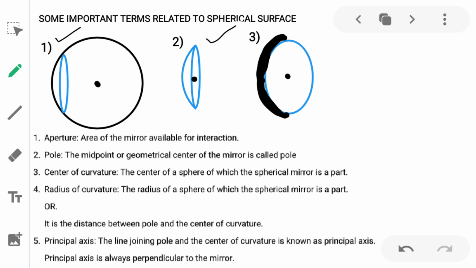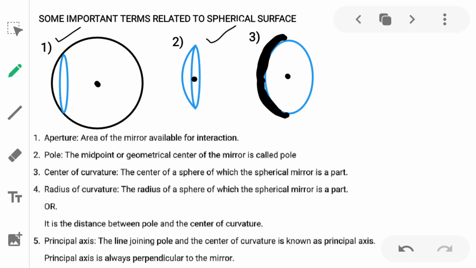The center of the open umbrella where the holding stick is attached, you can compare to the pole of the mirror. So pole is nothing but the geometrical center of the spherical mirror.